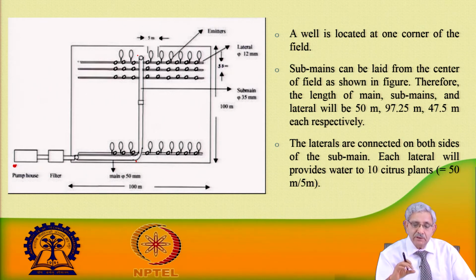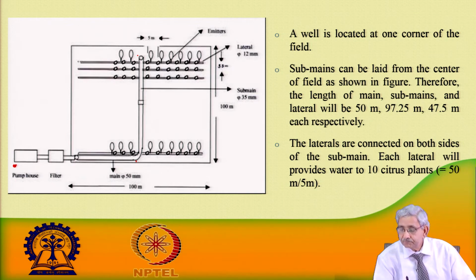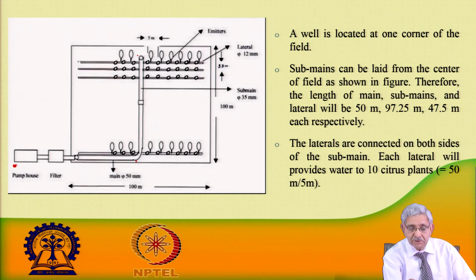So, when we are adjusting considering the spacing between the rows, laterals are laid on both the sides. So, you can see one lateral on either side of the sub main pipeline.